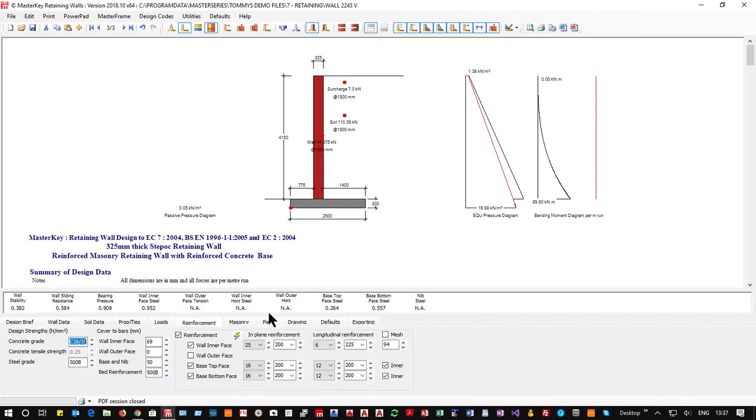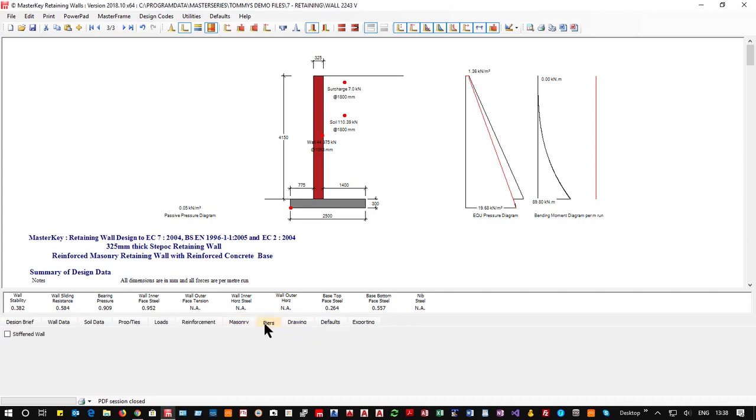Reinforcement, you only have reinforced concrete, not reinforced masonry in the PowerPad version. So if you're dealing with masonry, it will be plain masonry only. So no steep hook walls, nothing like that. Piers would just be in concrete.